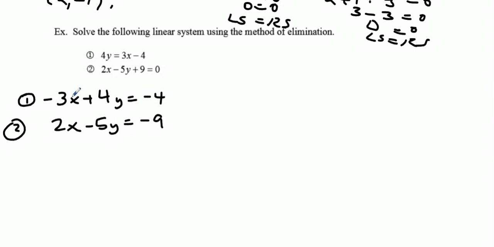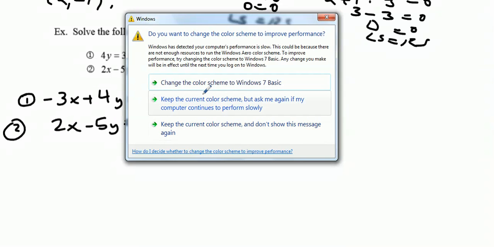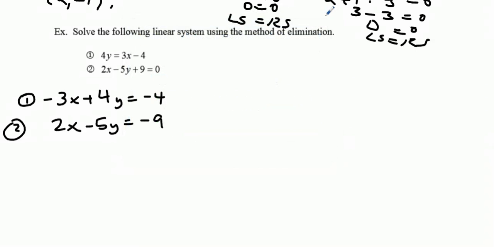If I multiply this equation by, say, 2, I get negative 6 here. And then below, I would have to multiply this equation by 3 in order to get a 6 here. And then I would have negative 6 here, positive 6 here, and I could just add these columns in order to eliminate the x.